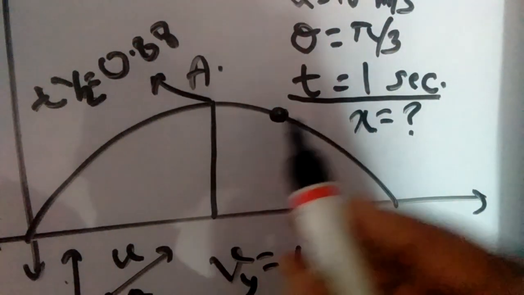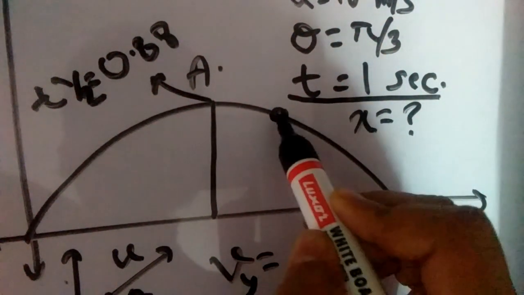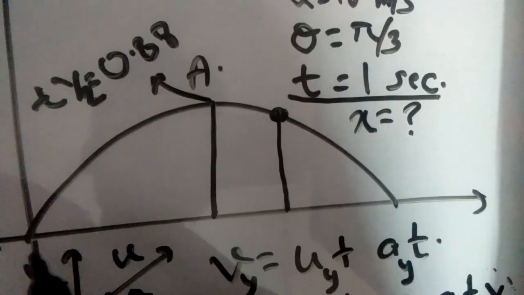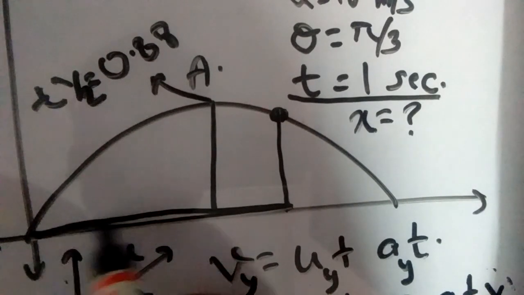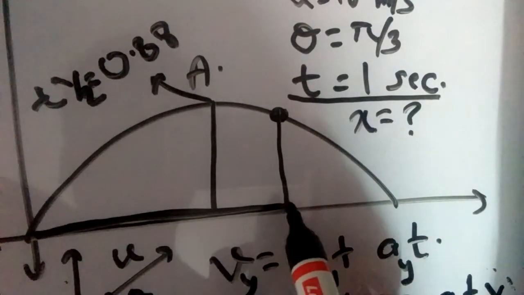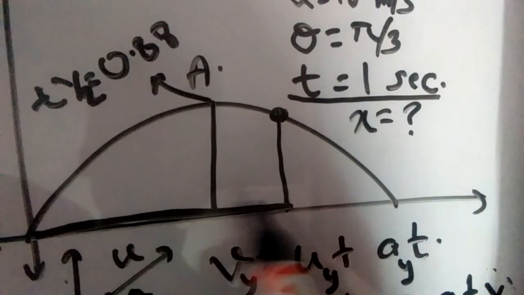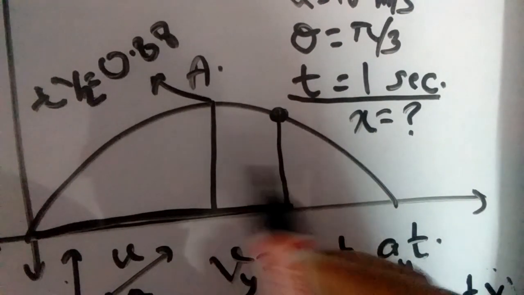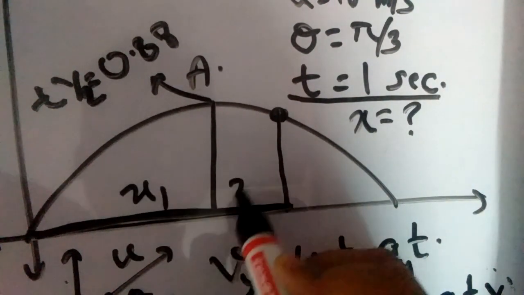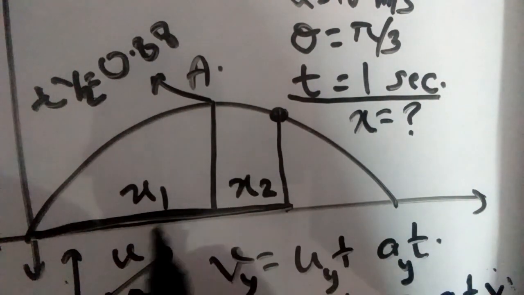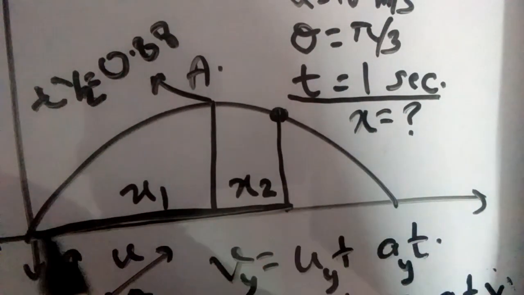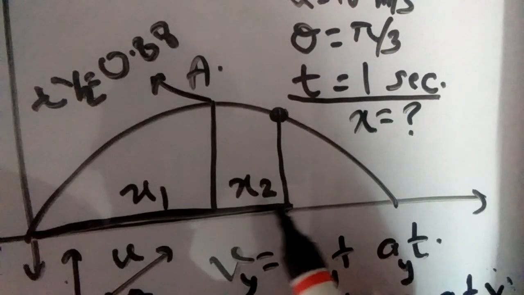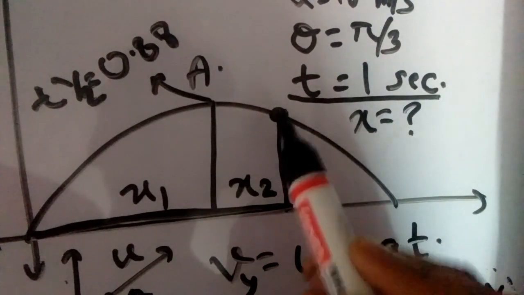For measuring the distance from the origin to this point, this is our answer, the total distance covered from origin to this point. Now we will divide this entire range into intervals x1 and x2. First we will find x1, then x2, and then we will add them to get the horizontal distance covered by the body at this position.